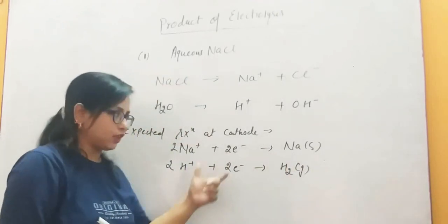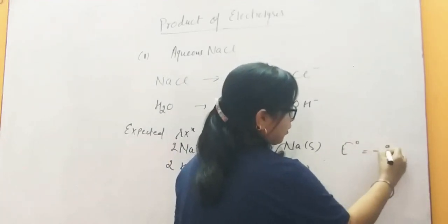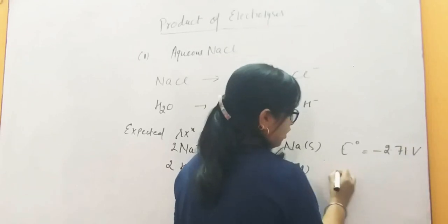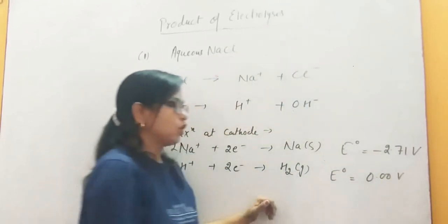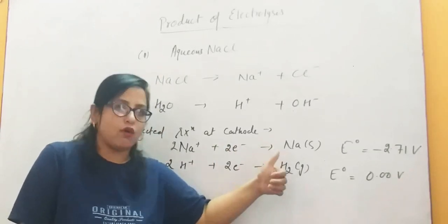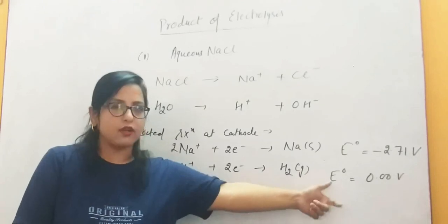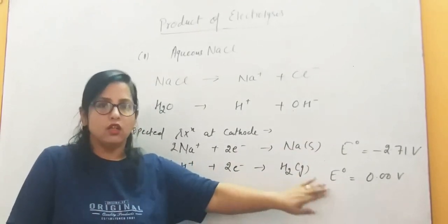Now you know the reduction potential value of sodium is minus 2.71 volt, and the reduction potential for hydrogen is 0 volt. So both ions are running towards the cathode, but the reduction potential of hydrogen is much higher compared to sodium. So only hydrogen can be collected on the cathode.